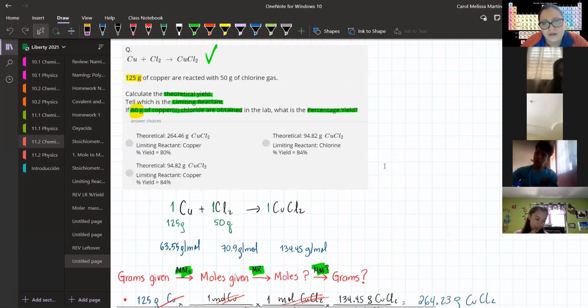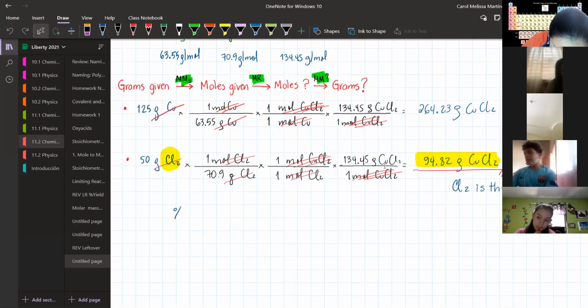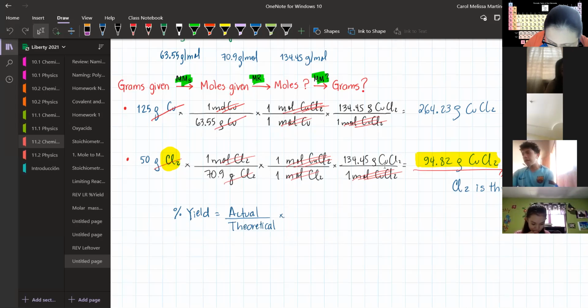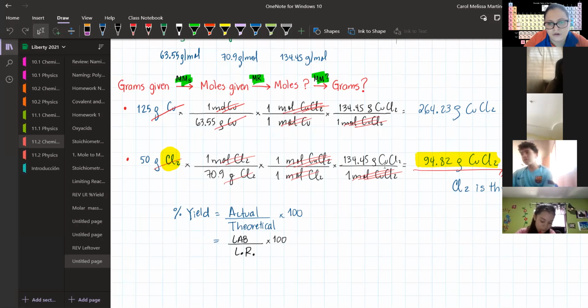Now, we need to get the percentage yield. Percentage yield equals actual divided by theoretical times 100. The actual is what you get in the lab. The theoretical is what you get from the limiting reactant. And you multiply times 100.